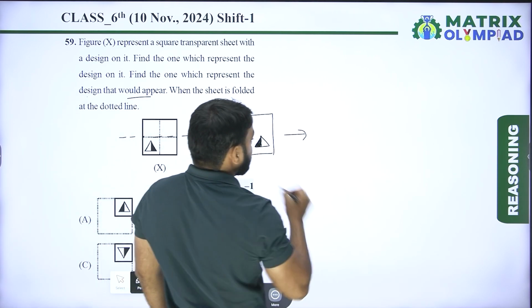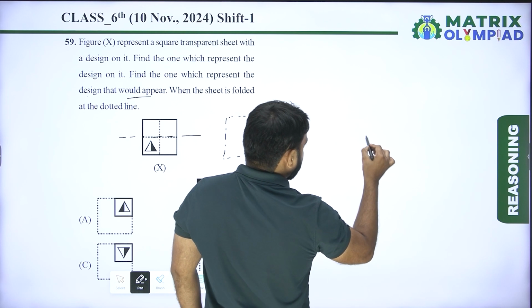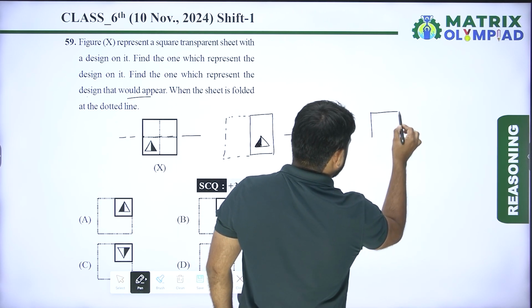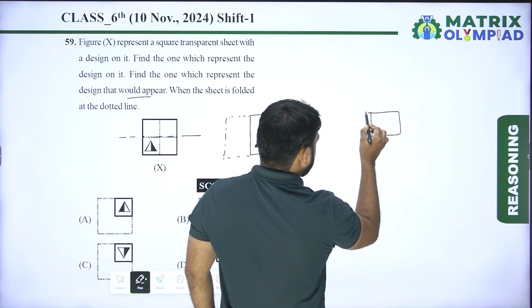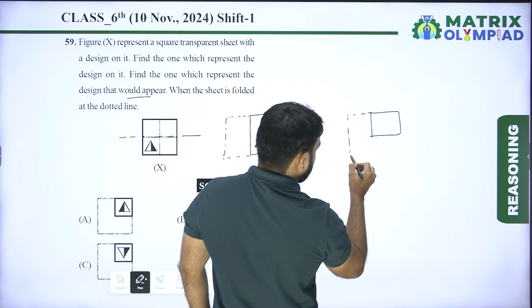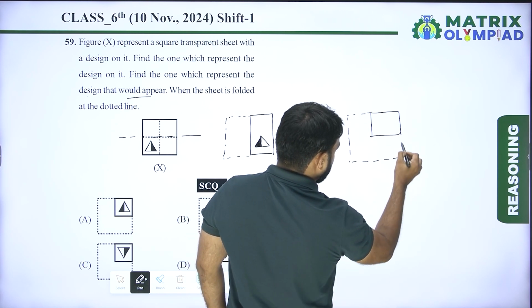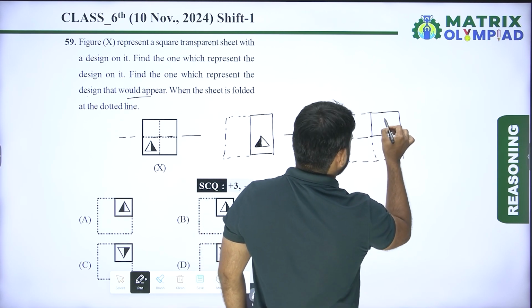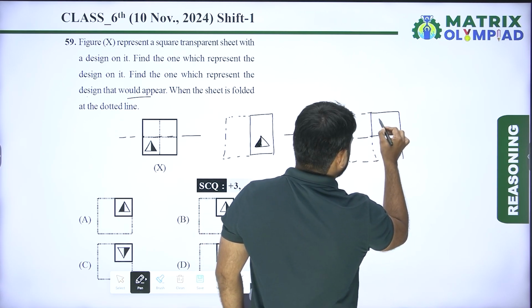When this sheet is folded in this direction, then we get an image like this.